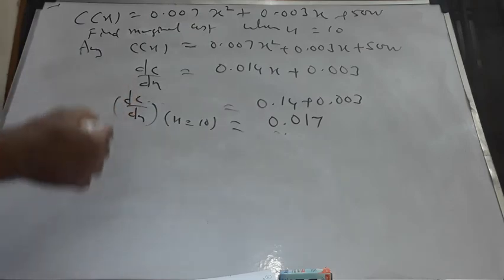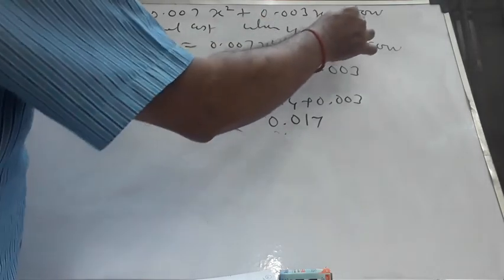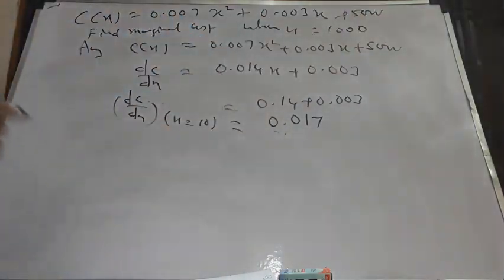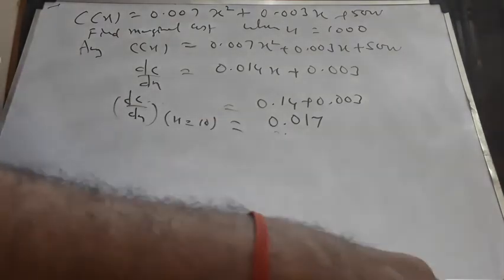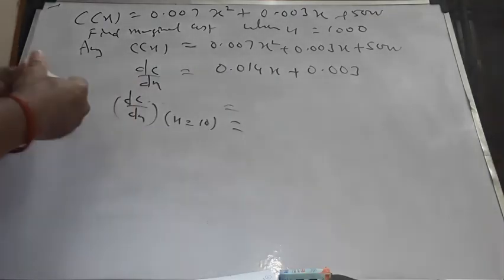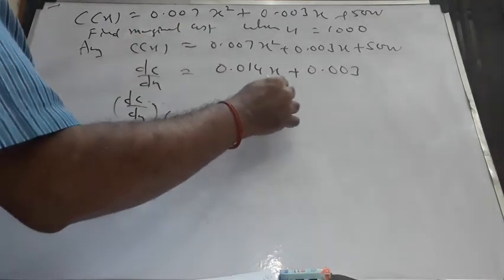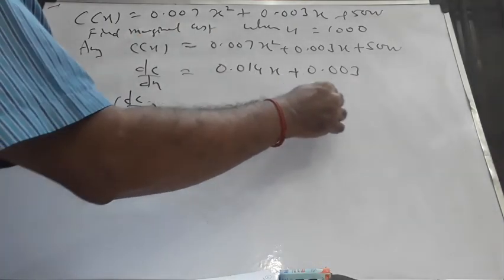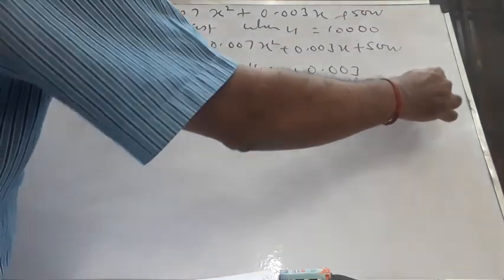It is a very small quantity, therefore let me change the number here. I call it 10,000, let us say. Let me check what I get. 0.014 into 10,000 plus 0.003.